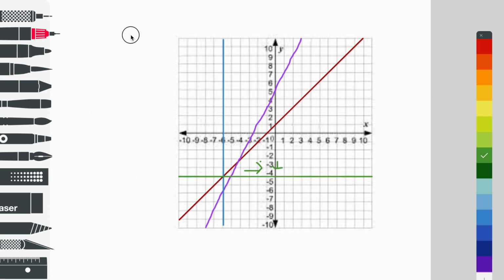So this is 0 over 1, and again, this is 0. So this is a 0 slope. That's what it's called. And again, obviously, these slopes are called negative slopes. So that's what I know about slopes.